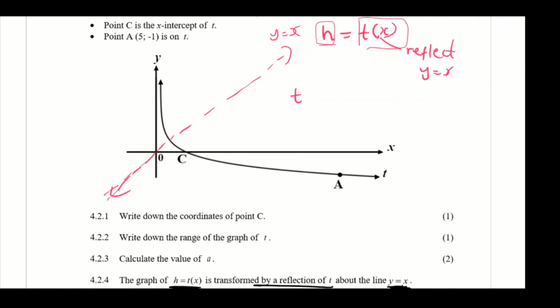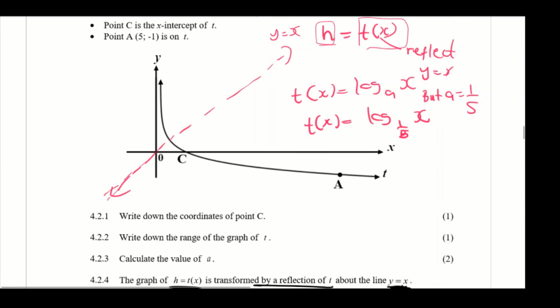So we know that T of x is equal to log base a of x, of which we found that a was equal to 1 over 5. We just calculated it. So meaning our T of x is equal to log base 1 over 5 of x.